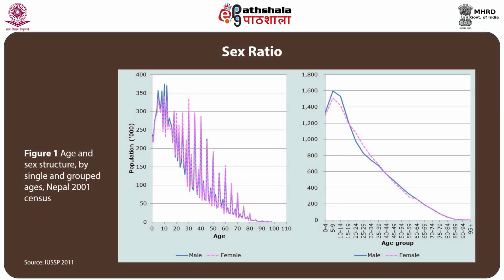Now let us look at the indicator sex ratio using the same data of Nepal from the 2001 census. This information is also given for single year ages as well as for age groups. For the single years, and for that matter the age groups, you would see wild fluctuations in the sex ratio.